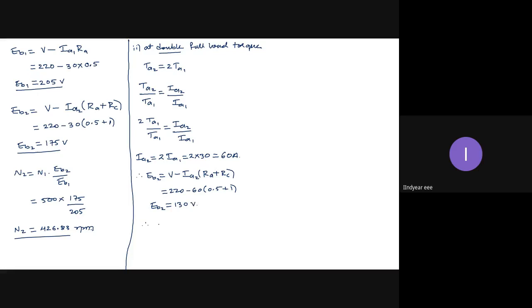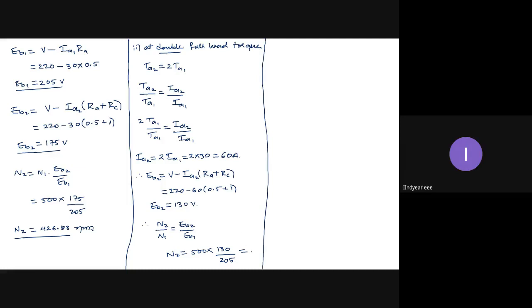Therefore, N2 is given by the same equation, N2 by N1 is equal to EB2 by EB1. So I can write N2 is equal to 500 into 130 divided by 205. EB1 will remain the same.